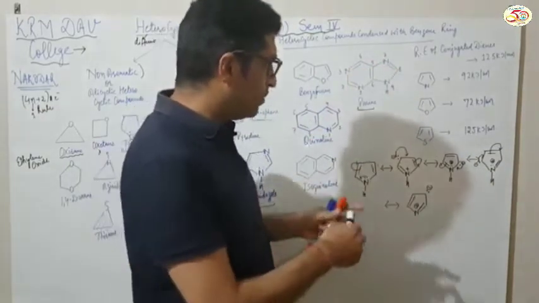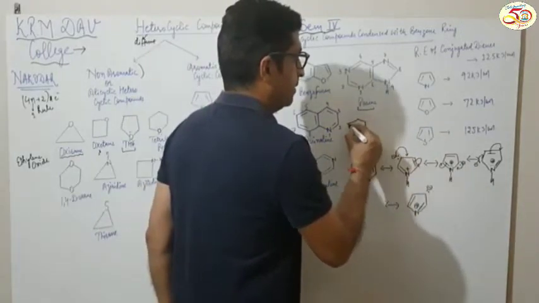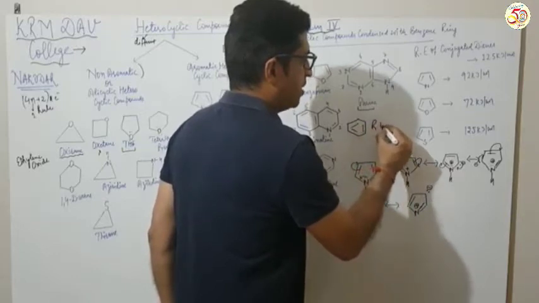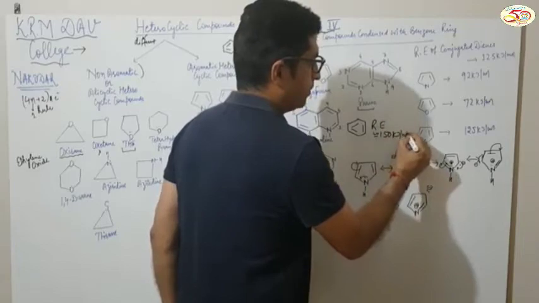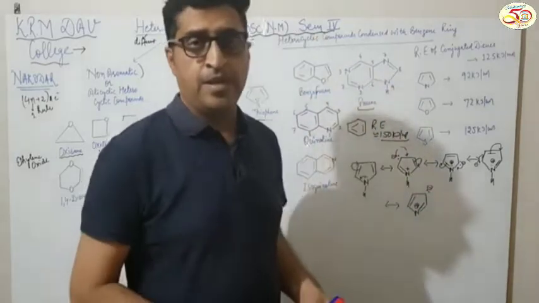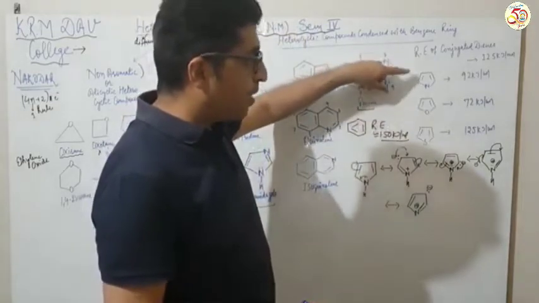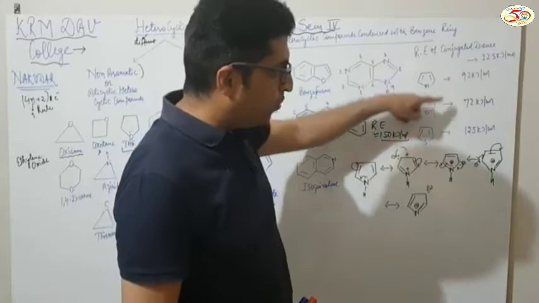Students, if you remember, the resonance energy for benzene is around 150 kilojoule per mole. Is that correct? And the resonance energy in case of pyrrole, furan, and thiophene is written over here.